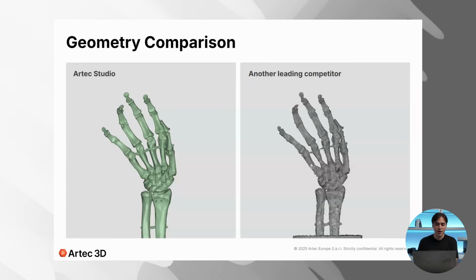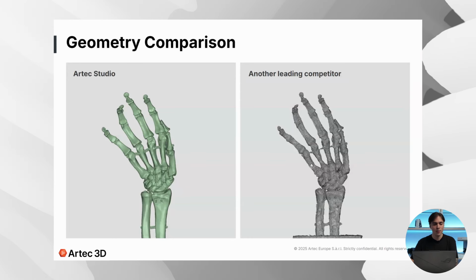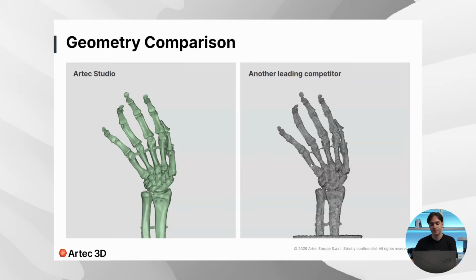So now let's compare it to another leading competitor in photogrammetry. On the left, you can see the model that we have inside Artec Studio. And on the right, we can see the result from another leading competitor. This is where our main core strength comes into use.